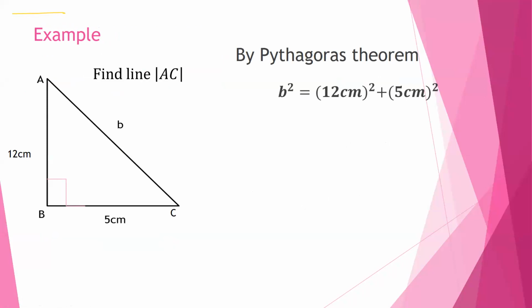So we are asked to find line AC. And from here, we know that line AC is the what? Hypotenuse. So applying the Pythagoras theorem, you realize that you have B squared, which is the hypotenuse, is equal to 12 centimeters squared plus 5 centimeters squared.